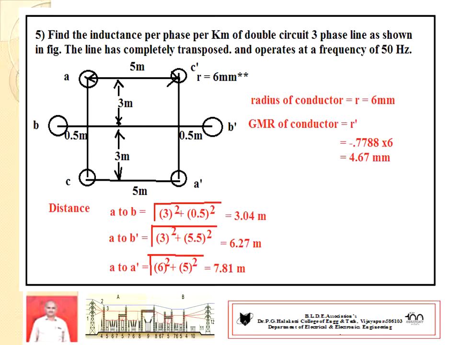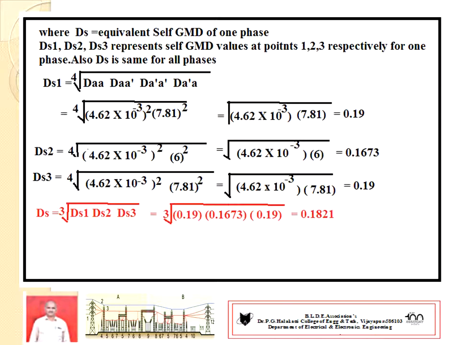These distances are all required to calculate the inductance, where Ds is the equivalent self GMD of one phase, and Ds1, Ds2, Ds3 represent the self GMD values at points 1, 2, 3 respectively for one phase. Also Ds is the same for all phases.